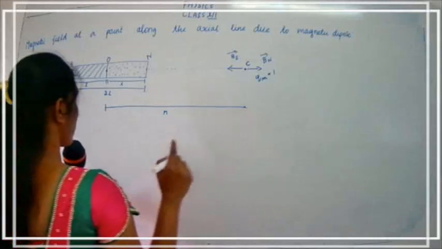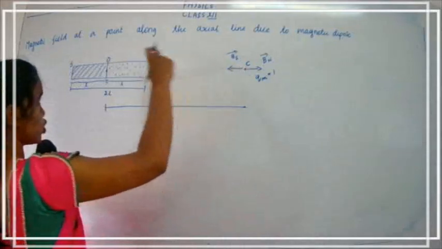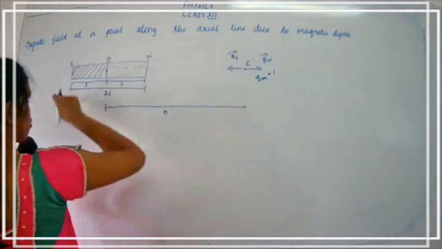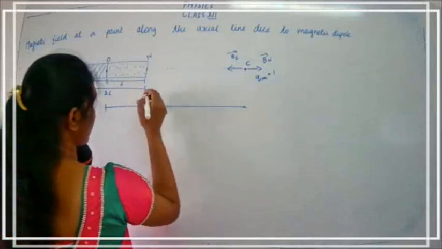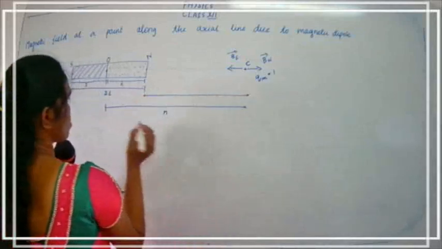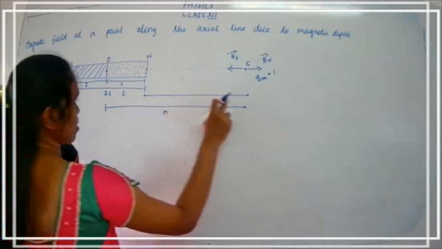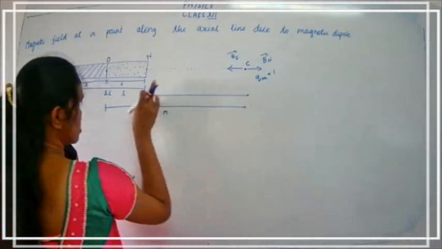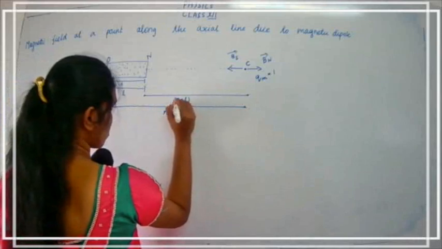Now we are going to find the magnetic field at the point C due to the north pole and due to the south pole. We also need the distance between C and N, from here to here. So this is L, isn't it? So the distance is r minus L.